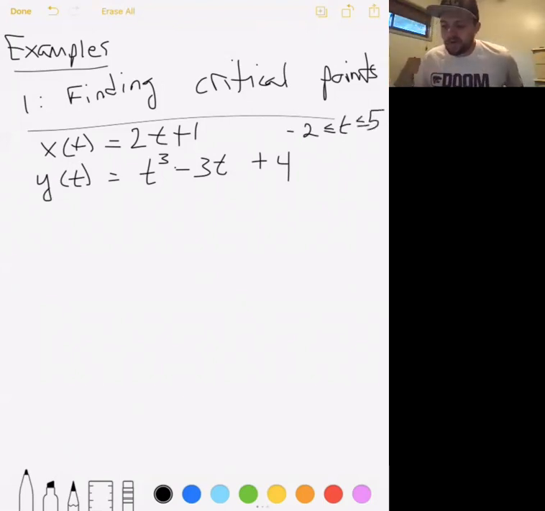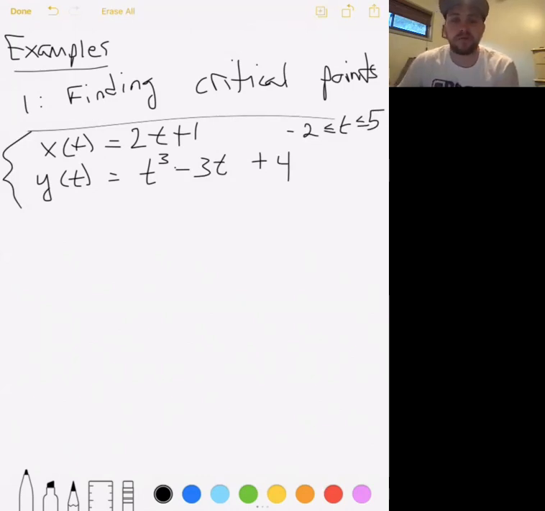And we want to find the critical points of this function, right? This represents some curve in the Cartesian plane. We don't know what it is in rectangular coordinates or anything, but we can still find critical points, even though we may not explicitly have the equation of the function at hand.